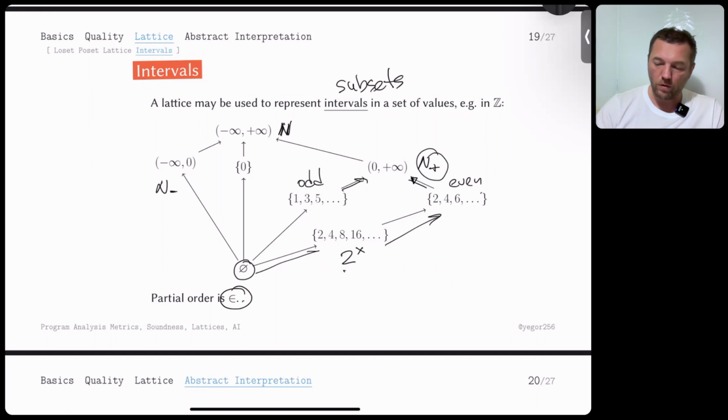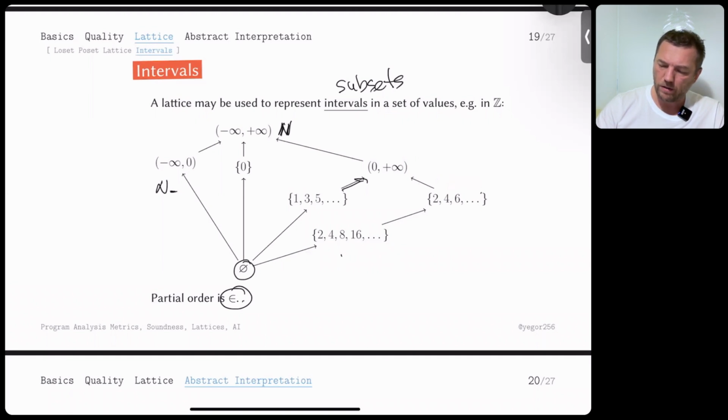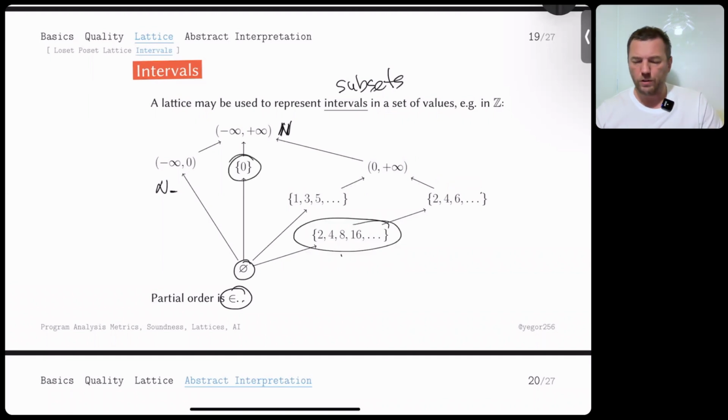So this is a lattice, as you can see. Taking any two elements on this lattice, I can find the join point and the meeting point, the least upper bound and the greatest lower bound. That's trivial, right? Let's say I take 0 and that one. What, in your opinion, would be the least upper bound for these two?